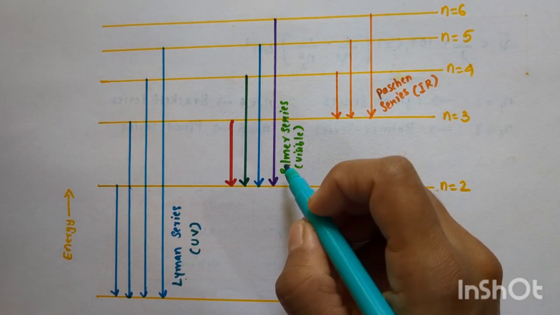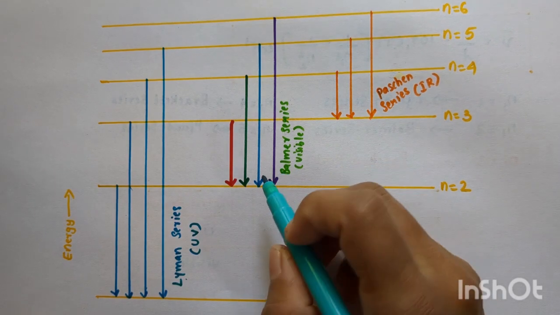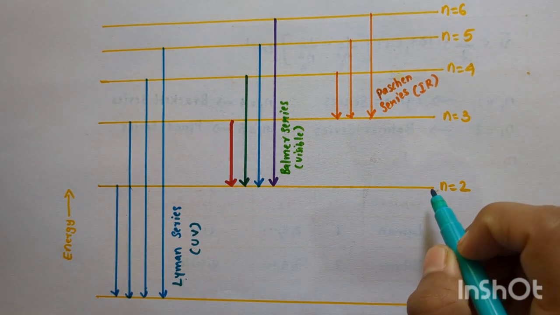Similarly, the Balmer series gives visible radiations. For the Balmer series, we know that n1 is equal to 2.